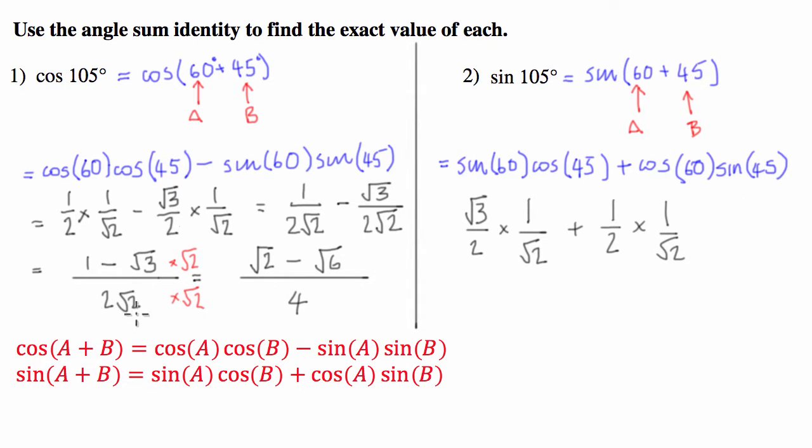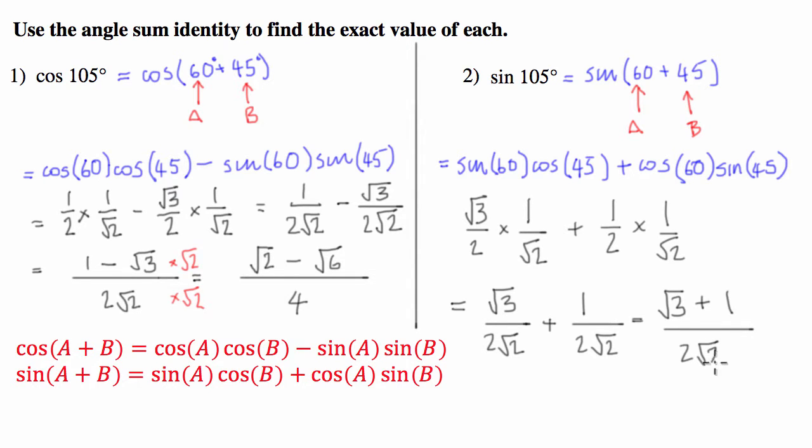Now, exactly the same as we saw in the last problem, we can multiply before the addition sign and after the addition sign, and we're going to be left with the square root of 3 over 2 square root 2, add 1 times 1 is 1 over 2 times the square root of 2. We can combine the bases because they're the same, and just add the numerators, and we're left with the square root of 3 plus 1 divided by 2 square root 2.